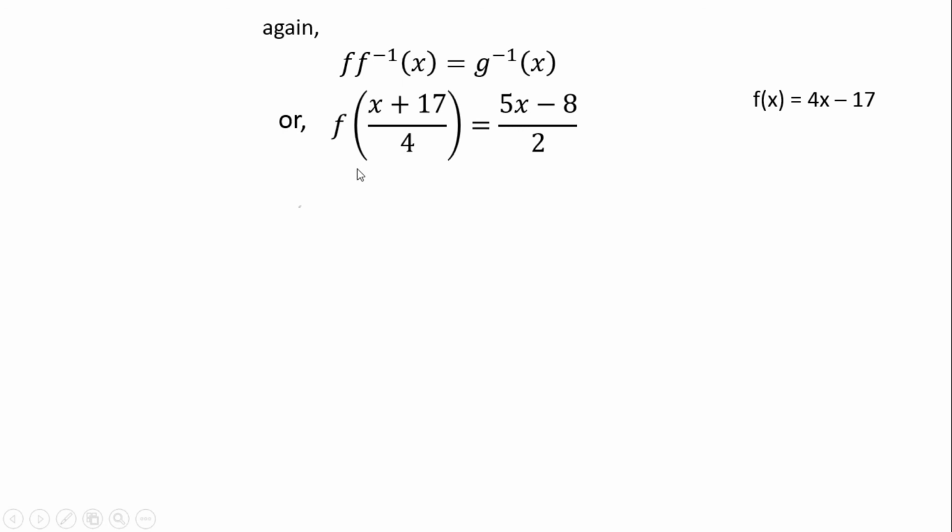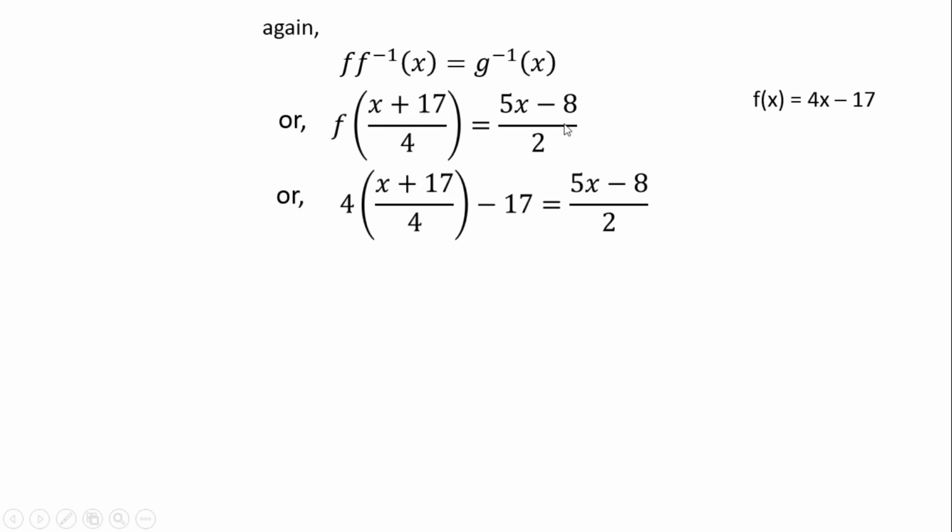So it will be 4 into the x value minus 17. This comes from the function f(x). Then the remaining is the same. Now 4 and 4 cancel. Then similarly x + 17 - 17 is equal to (5x - 8)/2. Now + 17 - 17 also cancel.